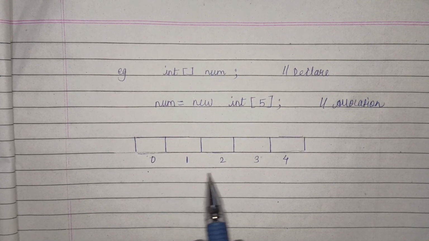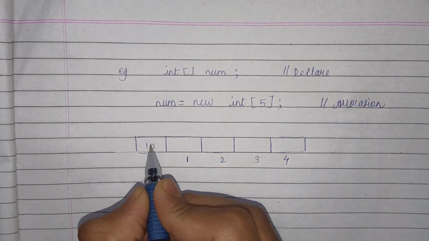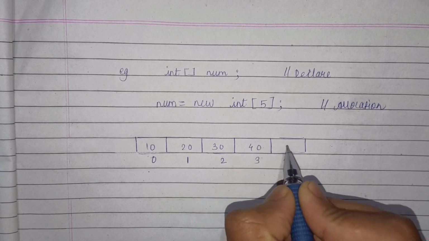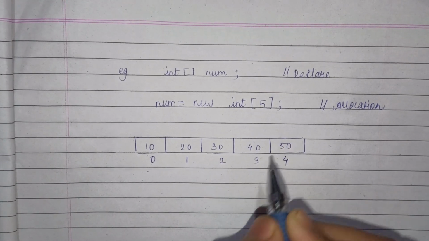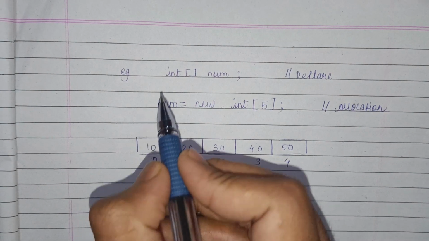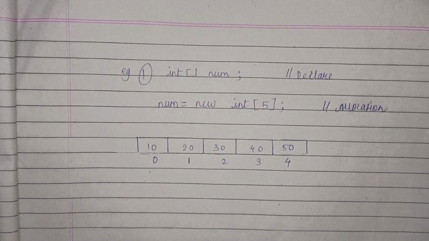And in these blocks we can store elements like 10, 20, 30, 40, and 50. This is one way we can create an array in Java.